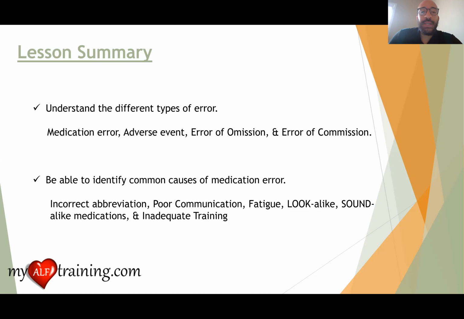You should be able to identify common causes of medication error, such as incorrect abbreviations, poor communication, worker fatigue, look-alike, sound-alike medications, and also inadequate training. I included that at the end here, but you guys can't include that because I've just trained you, so you're well on your way, okay?